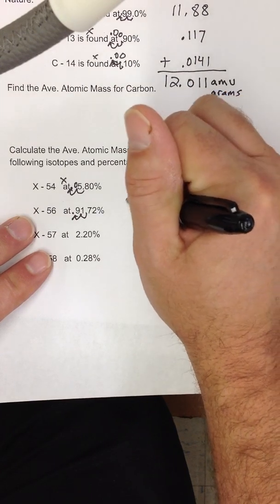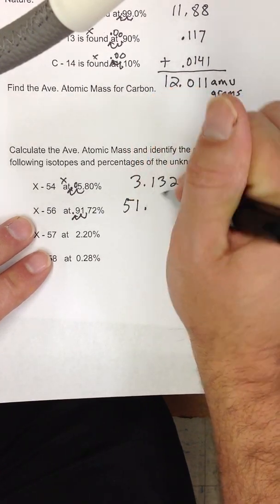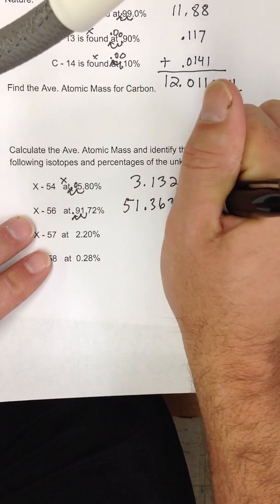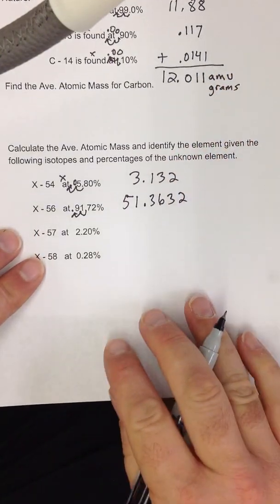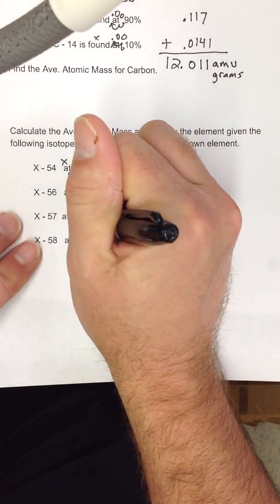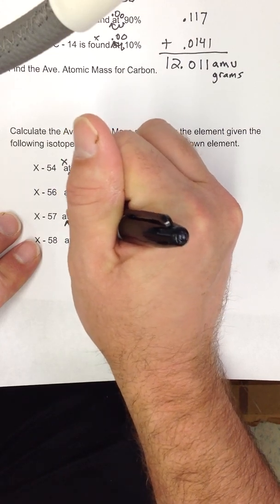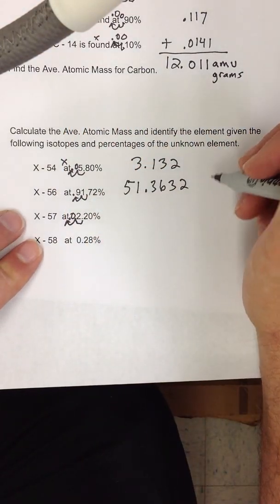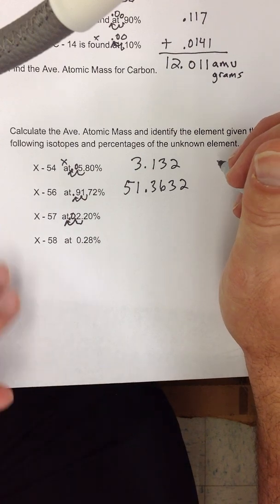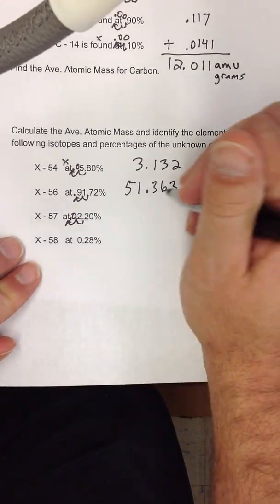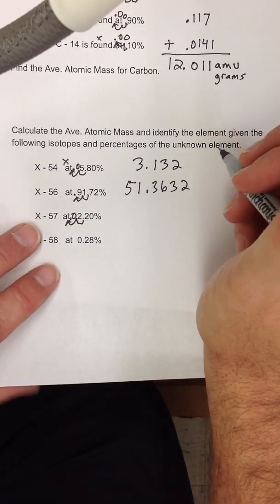And that's going to give you 51.3632. People are always asking me, when do I round? I would be careful rounding here because you really need digits to help you sort out which element it is. So I'd go ahead and keep several digits if I were you.